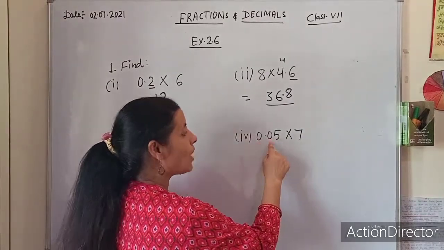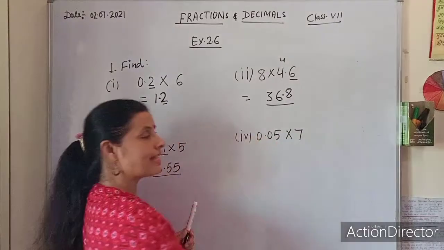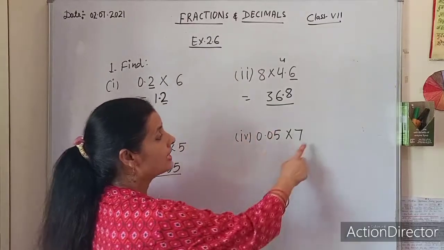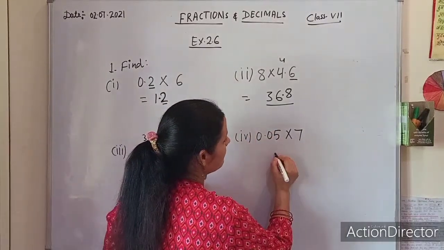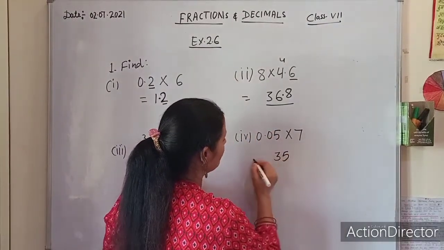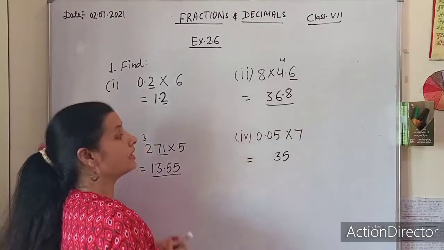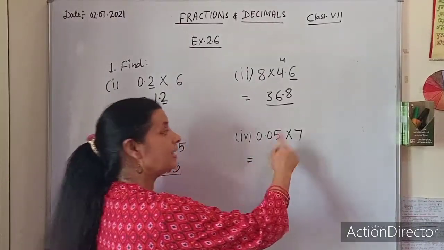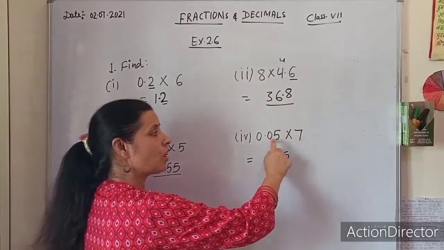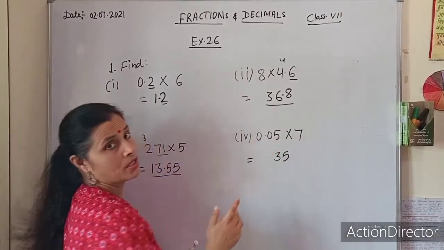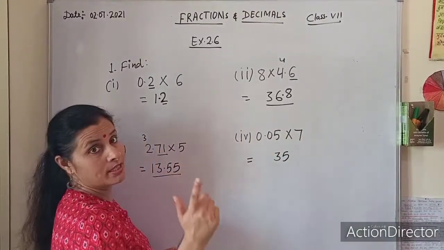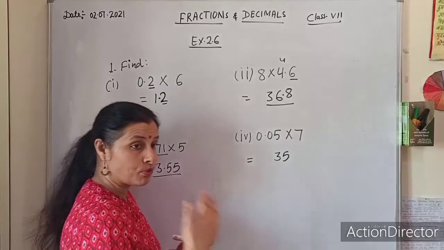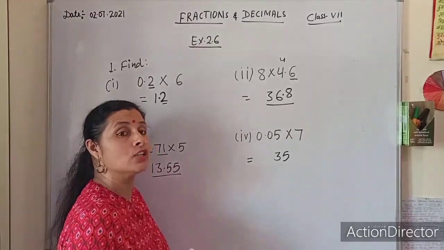Here is written 0.05 multiplied by 7. The same thing we are going to do. 7 5s are 35. Now you can see that there is no need for multiplication of 0 with 7, because we understand the concept of 0: multiplication of 0 with any number, the result is always 0.